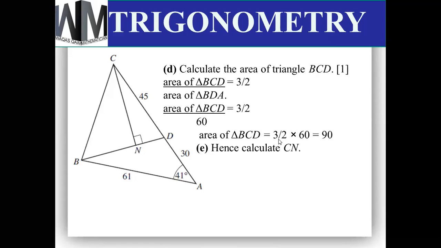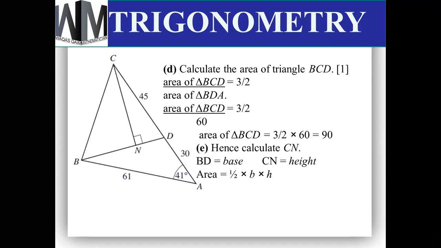And so in part E, we are going to calculate the length of side CN, and this will be calculated by using the area of triangle BCD, which we have calculated in part D. So for triangle BCD, the side BD becomes the base of the triangle and CN becomes the height of the triangle.